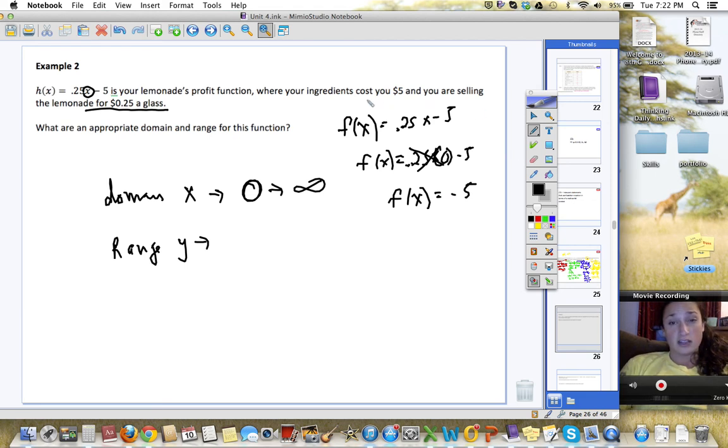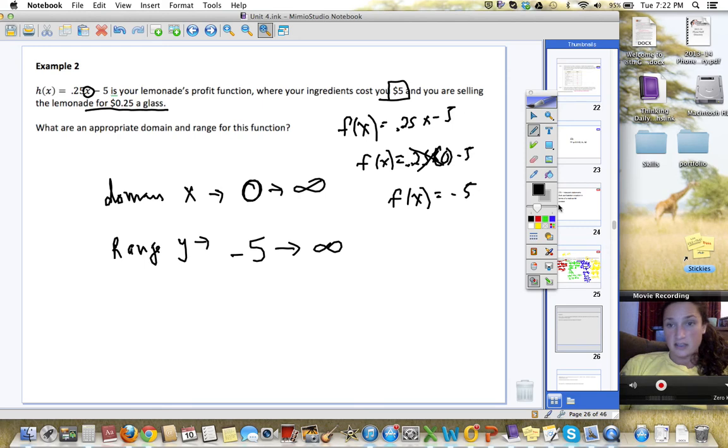And if you couldn't look at that from here, if I have to buy my ingredients, and that cost me $5, so I'm starting off with negative $5 that I spent. Depending on how much lemonade I can sell, and this is infinity, if I plug infinity in there, then I can go up to infinity. So this is negative 5 to infinity.